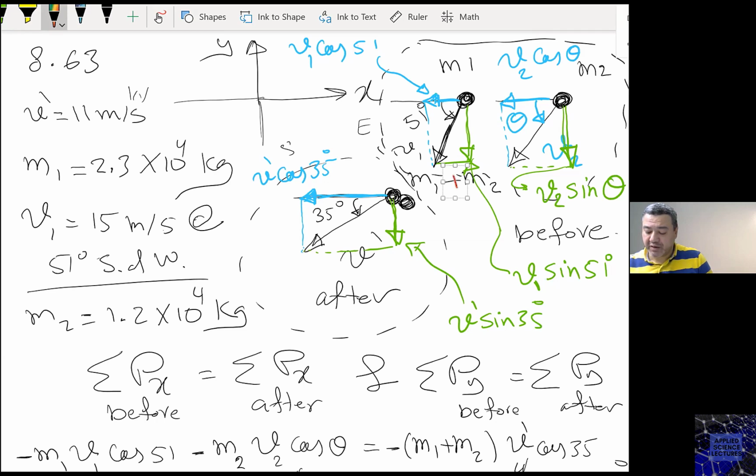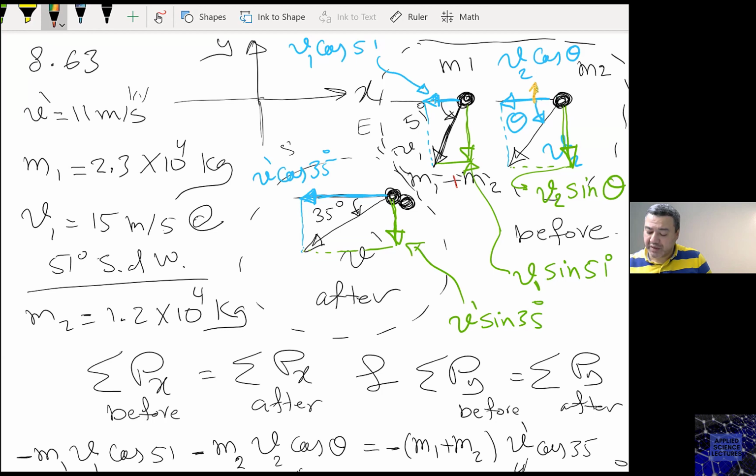So indeed, the solution for theta being negative is going up this way, and it's 25.7.